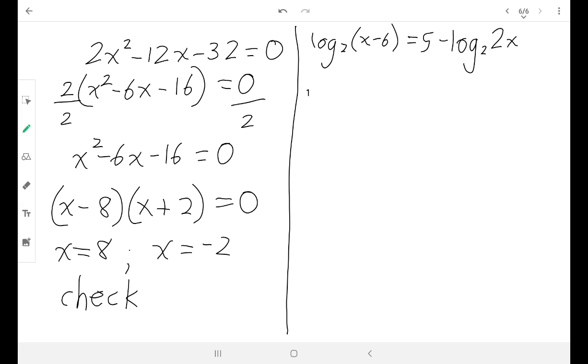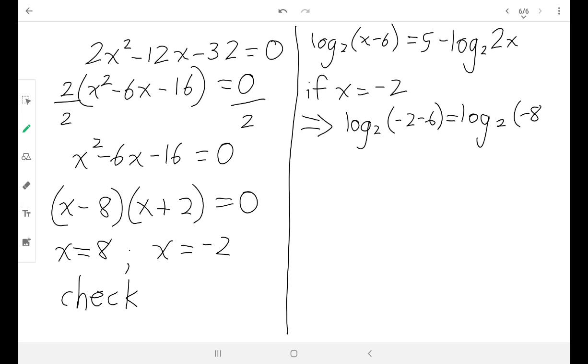But right away, if x equals negative 2, then log base 2 of x minus 6 is then negative 2 minus 6, which is log base 2 of negative 8. Now, think about what that means. That means that 2 raised to some number equals negative 8. And there are no real numbers that can do that.